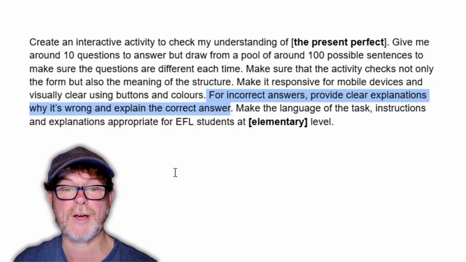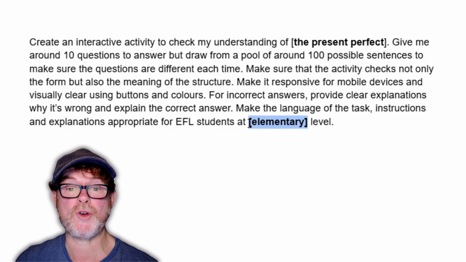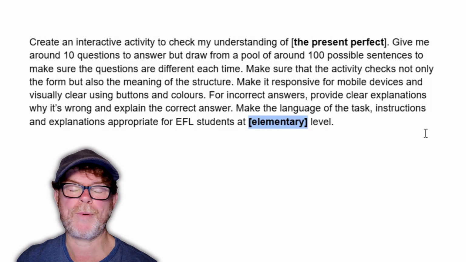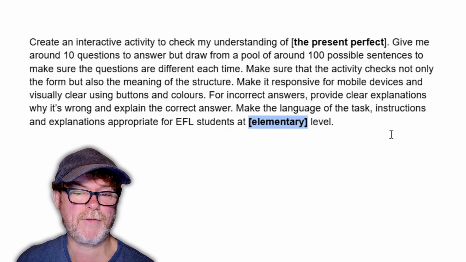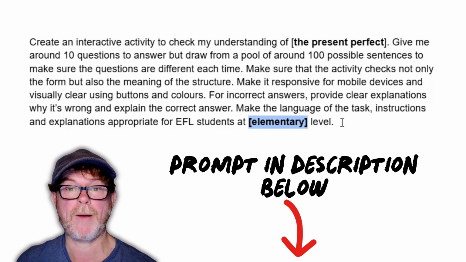Make the language of the task instructions and explanations appropriate for EFL students, and here we've got the level. Depending on your level, if you're an elementary learner of English, put elementary, but you can put others here: beginner, intermediate, upper intermediate, advanced, proficiency, etc. I'll put this prompt into the description below.